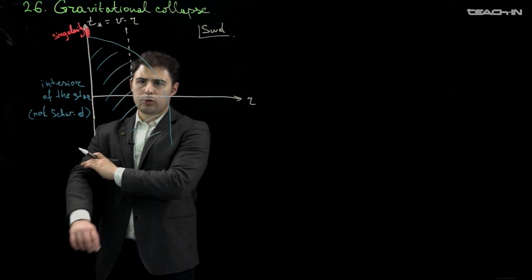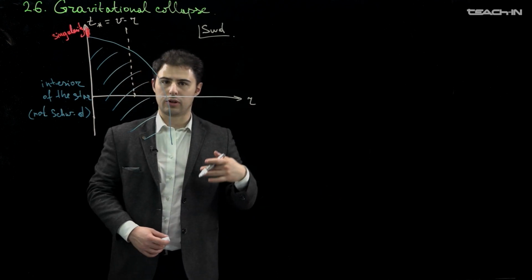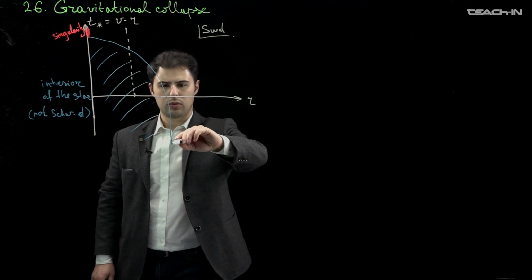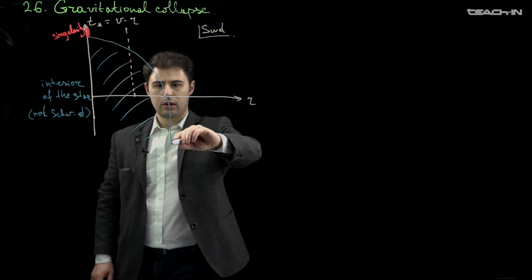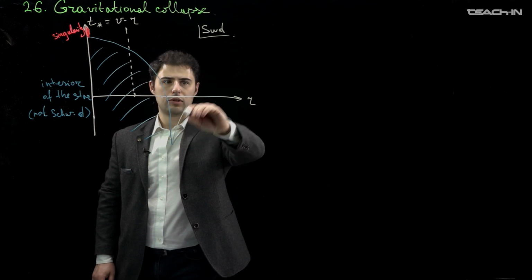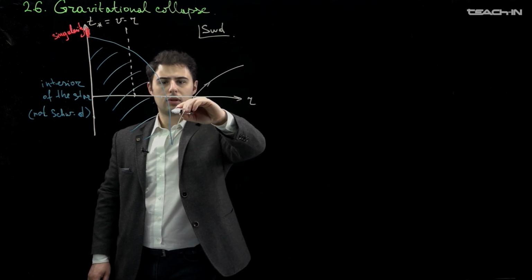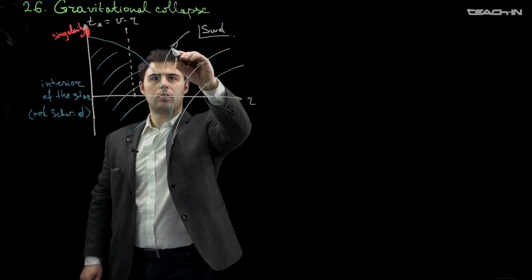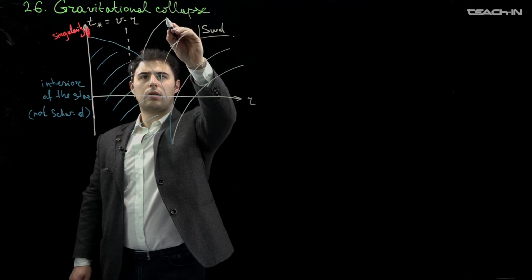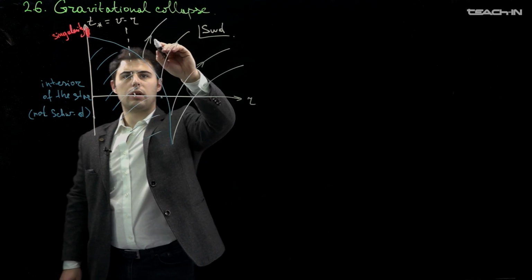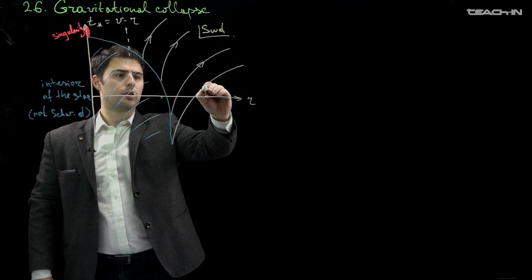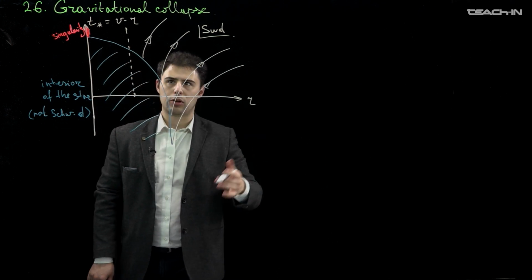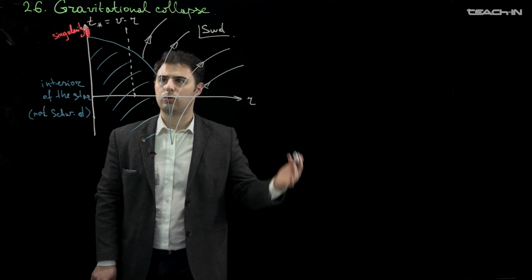So let's consider the outgoing radial null geodesics from the surface of the star. In the exterior region, they will again go to infinity.